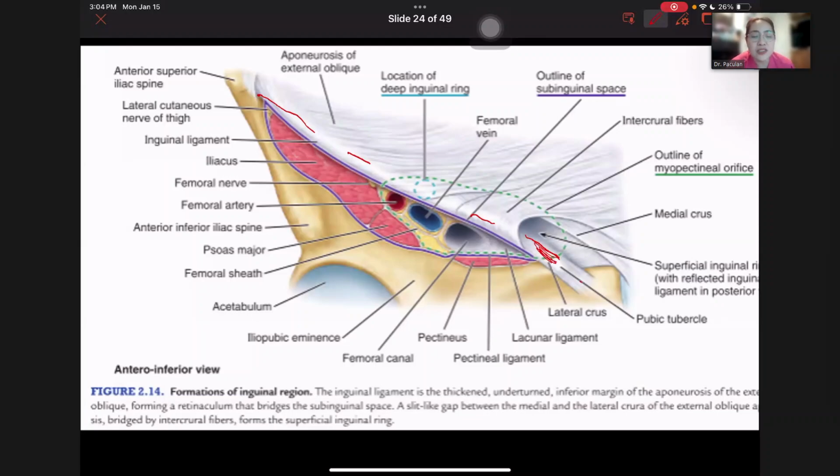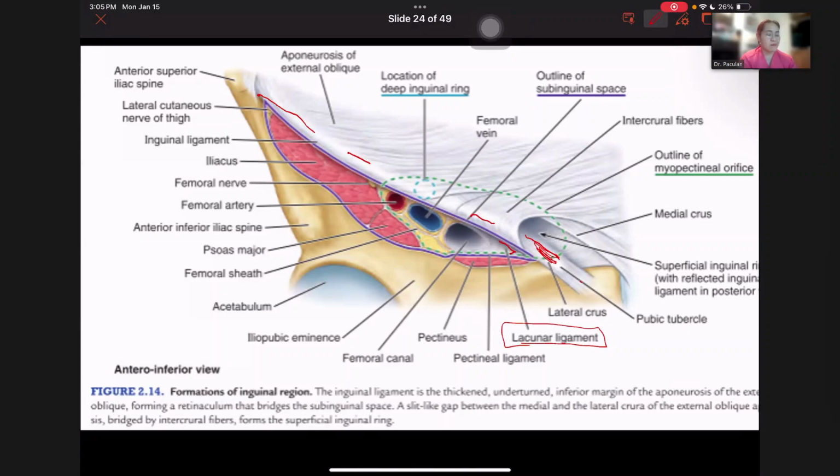Now, some of the deeper fibers pass posteriorly to attach to the pubic ramus lateral to the tubercle, forming your lacunar ligament, or the lacunar ligament of Gimbernat. It forms the medial boundary of your subinguinal space. And the lateral part of these fibers continues to run along the pecten pubis as the pecten ligament of Cooper.